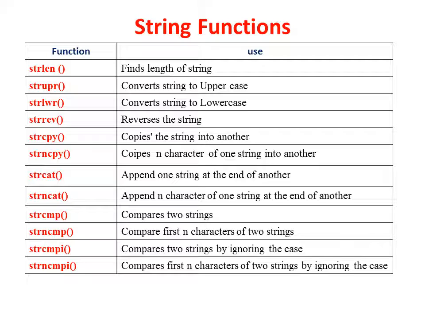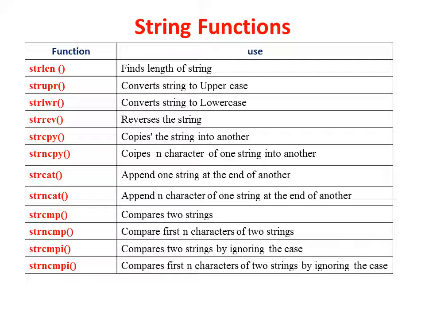It compares the two strings. strncmp compares the first n characters of the two strings. If both strings are the same, it indicates 0, otherwise it indicates a non-zero value. Next is strcmpi.